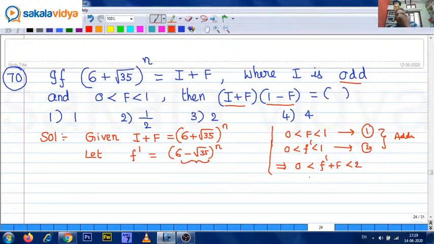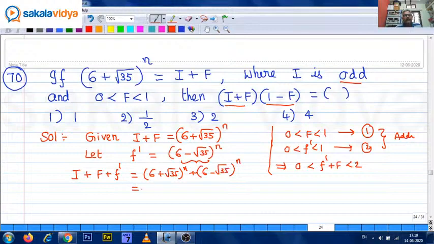So now let us add these two. I plus f dash equal to (6 plus root 35) whole to the power of n plus (6 minus root 35) whole to the power of n.